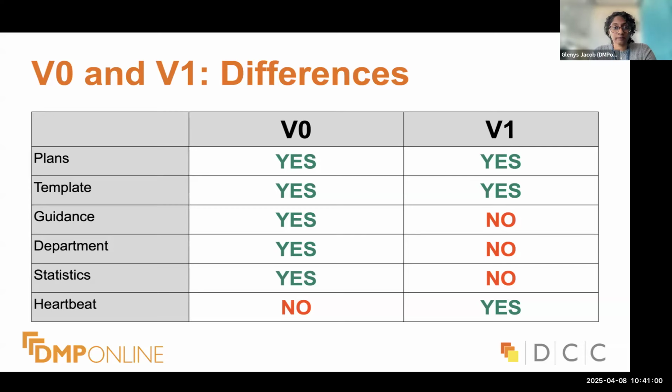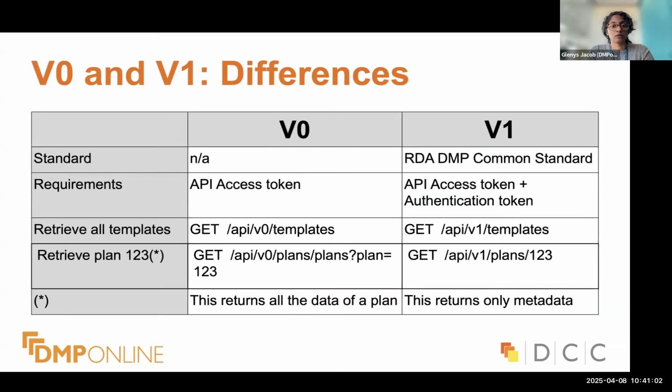Whereas version 1 was created to move closer to the RDA DMP common standard. When you use this version 1 API, it will only return the metadata of the plan and template. As you can see in this table, the requirement for version 0 is the API access token.